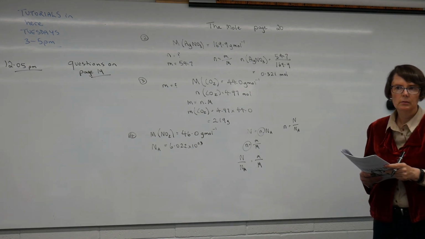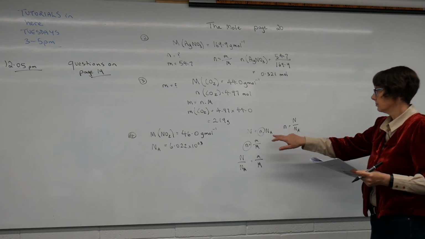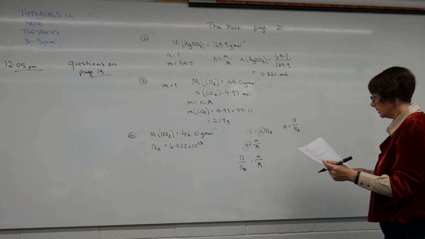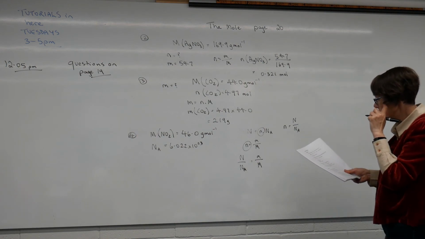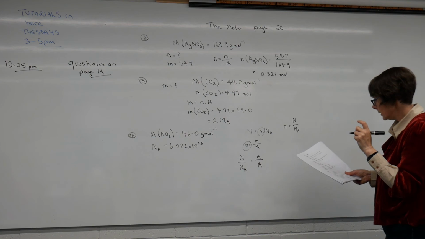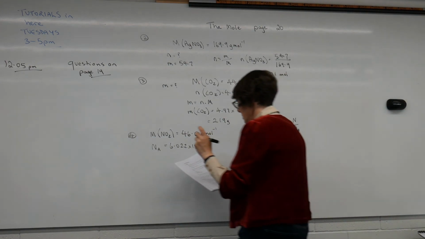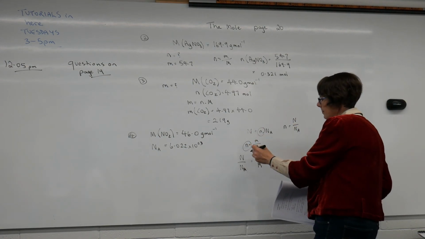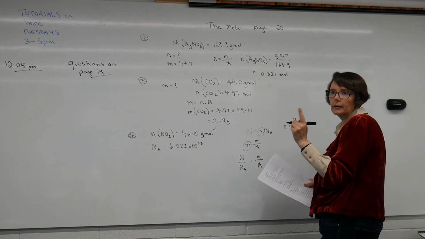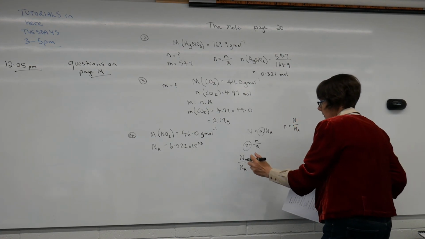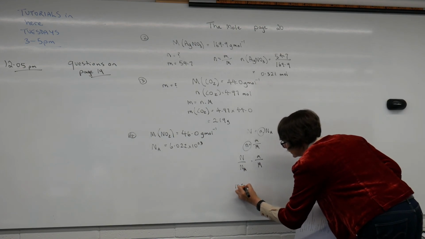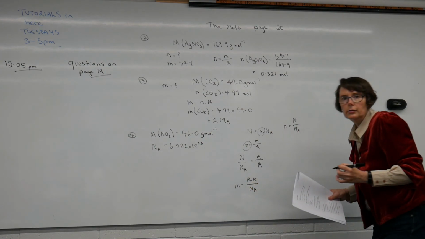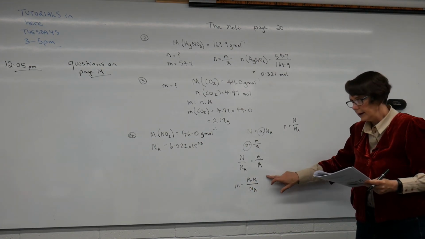Does that make sense? Just swapping that around. So the mass of one molecule then is what we want to find. When we're thinking about our particles, there's only going to be one, isn't it? One particle. If I'm finding m, it's going to be M times N divided by Avogadro's number, where N is 1.